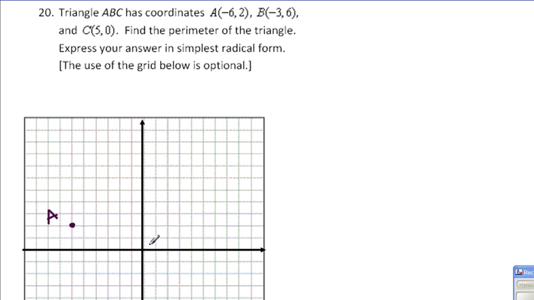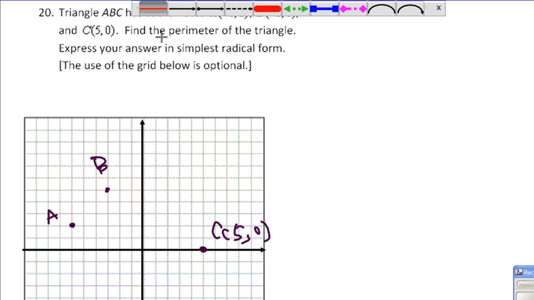And then B becomes -3, comma 6. C is 5, comma 0. And how are we going to find the perimeter?